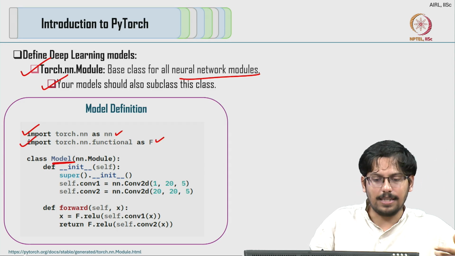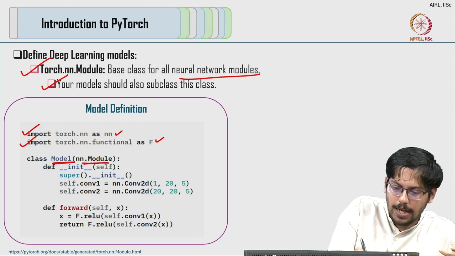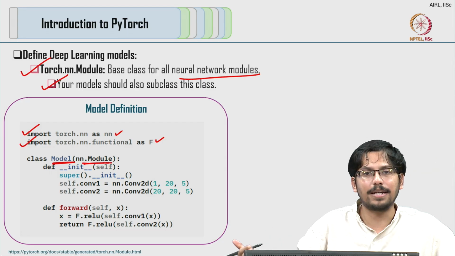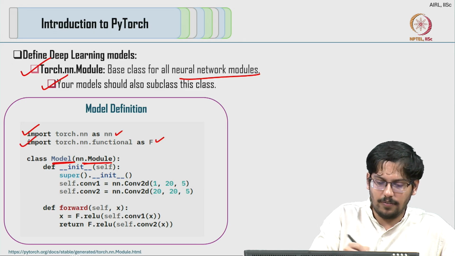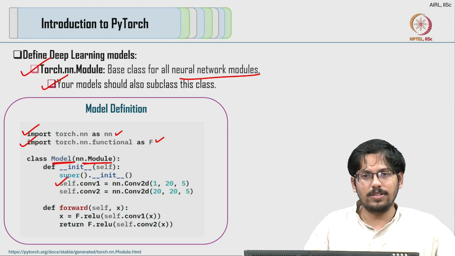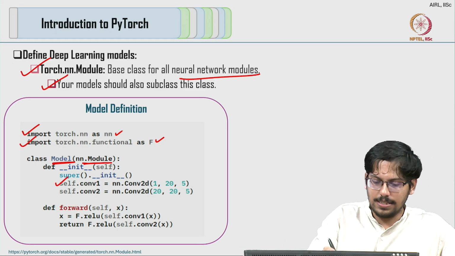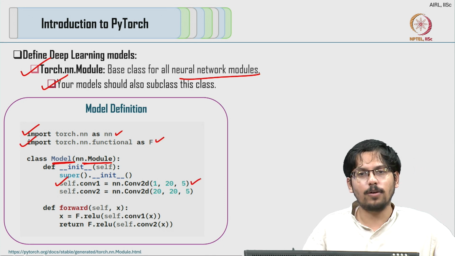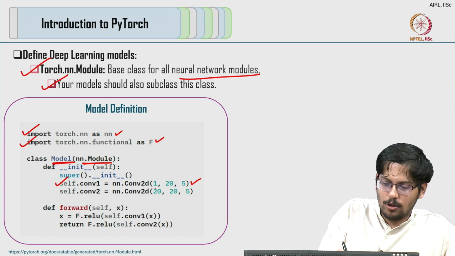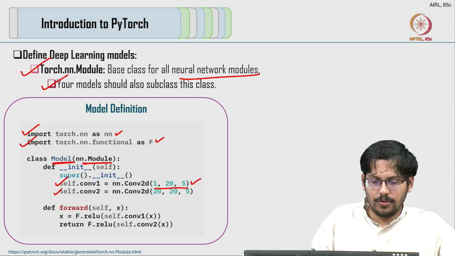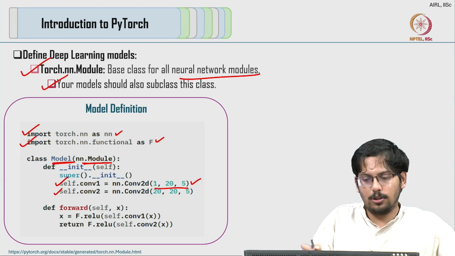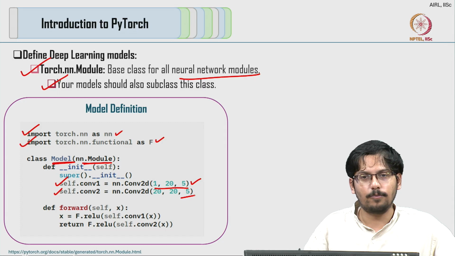Our model is essentially building upon nn.Module, which is the parent class or the base class, right. Now, once we do that, we define convolution 1, which is self.conv1, which is essentially nn.Conv2d with arguments 1, 20, 5, followed by self.conv2, which is nn.Conv2d 20, 25, right.